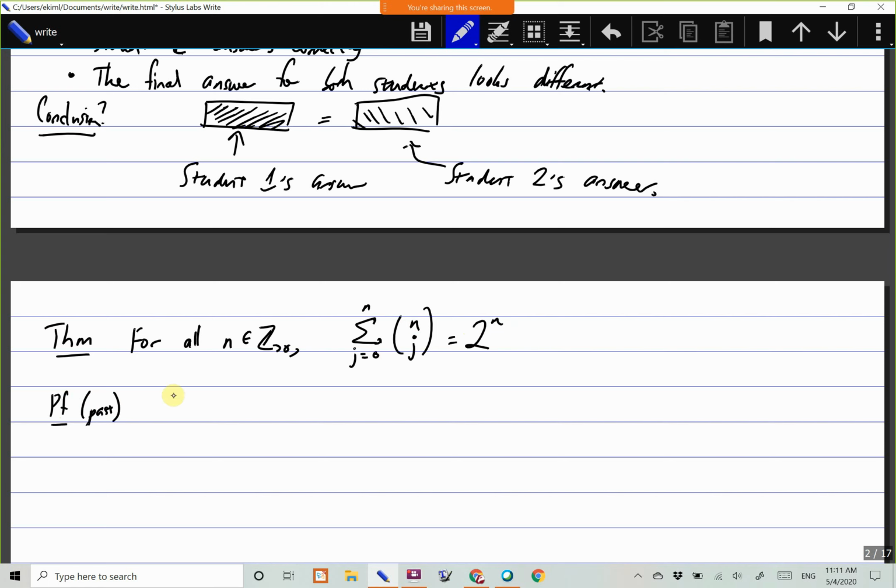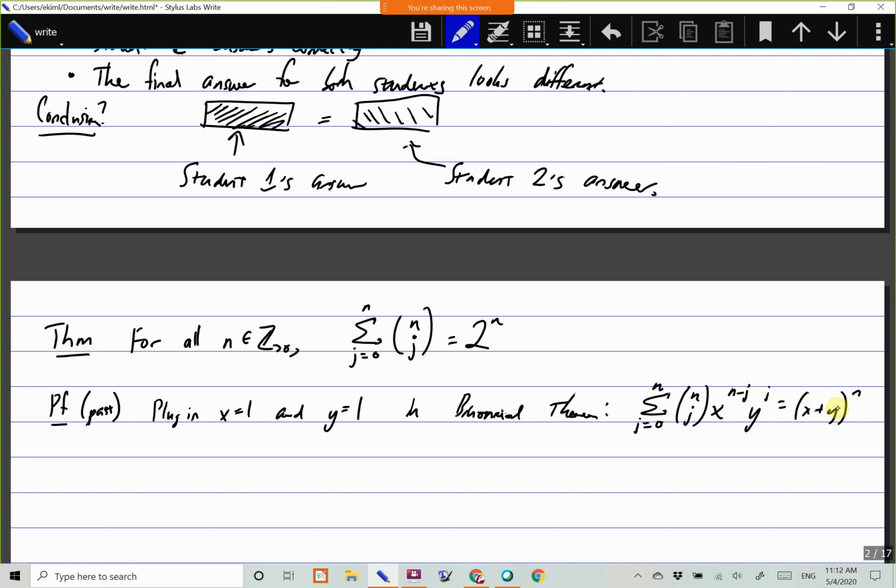First of all, I'll just mention that we discussed the proof of this when we talked about binomial coefficients and all this. So one way to prove this, you plug in x equals 1 and y equals 1 in the binomial theorem, which I'll just include here as a reminder: the sum j equals 0 to n of n choose j times x to the n minus j y to the j equals x plus y quantity to the nth power.